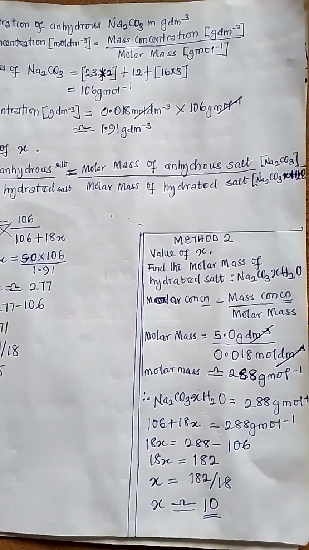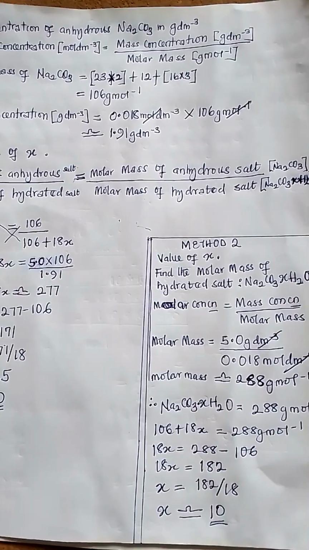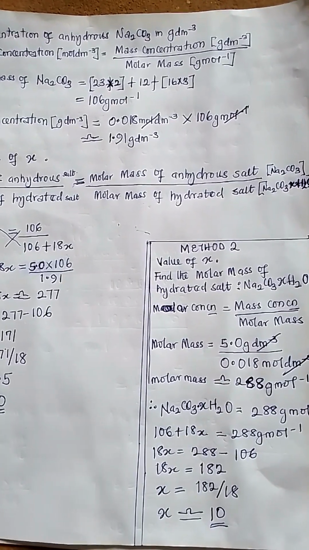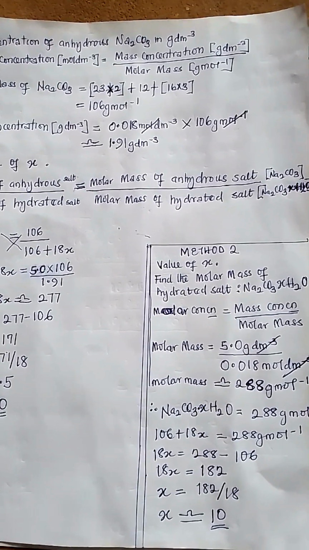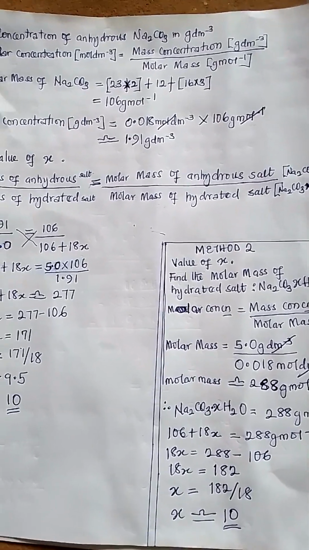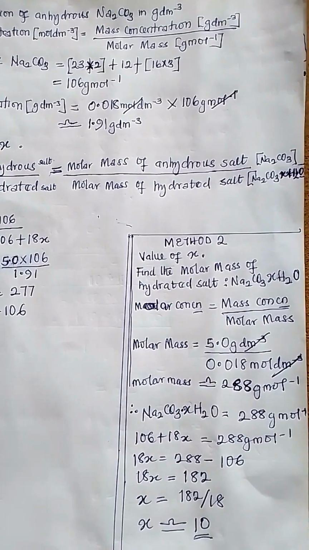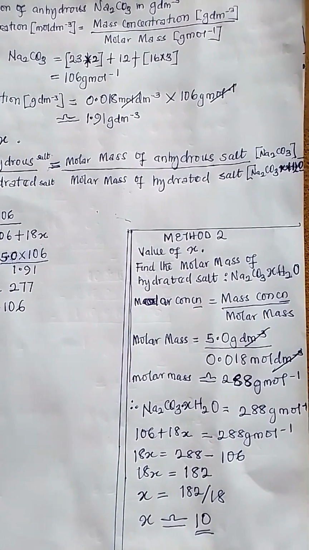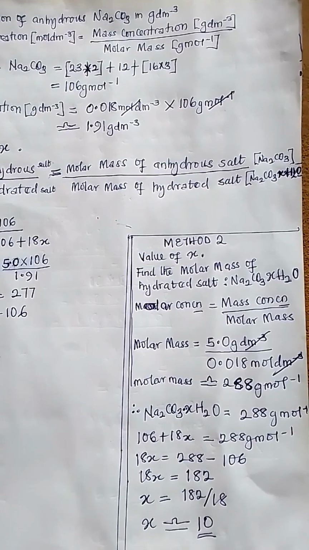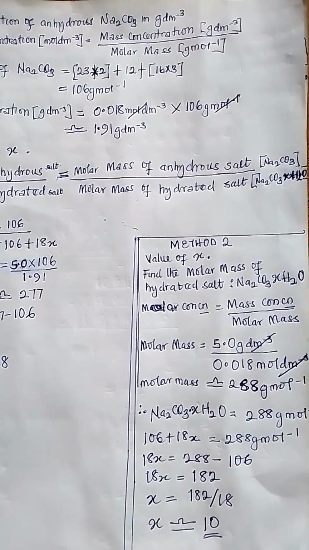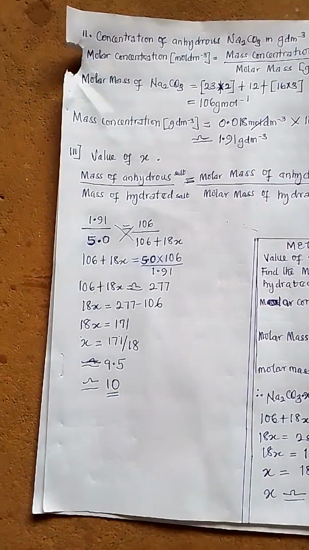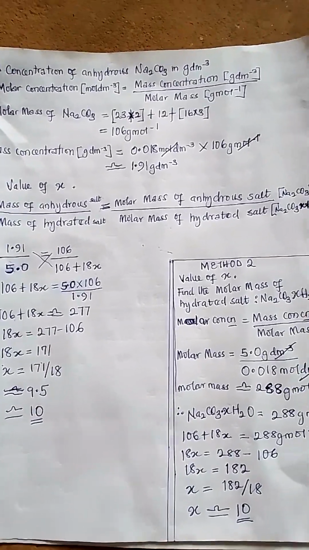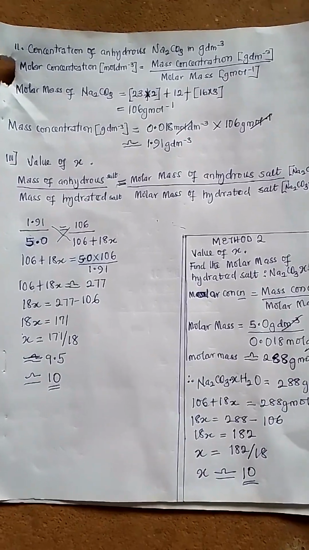Mass concentration is 5.0, over the concentration you've gotten, 0.018 mole per dm cube. So you have 288 gram per mole, that's the molar mass. After that you equate it to the compound: Na2CO3 is 106 plus 18x equal to 288. Then you make x the subject of the formula, that's 182 divided by 18, and you have your x. This is the same as the first one, so whichever one you understand better out of the two, you can use it, which is definitely correct.